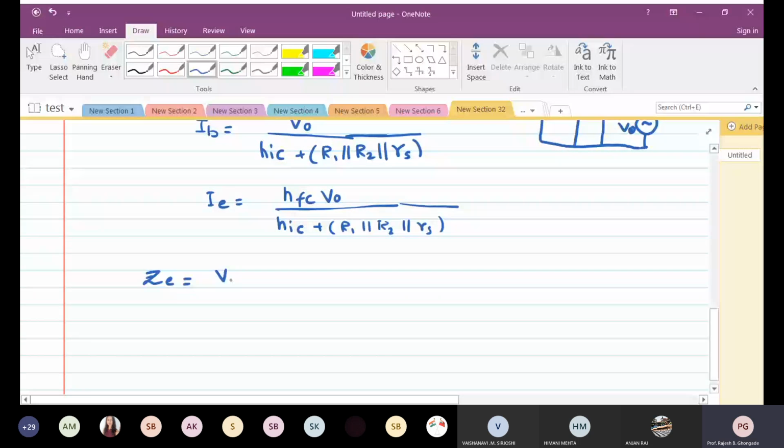So this is equal to VO divided by IE, which is VO divided by HFC into VO divided by HIC plus R1 parallel R2 parallel RS.